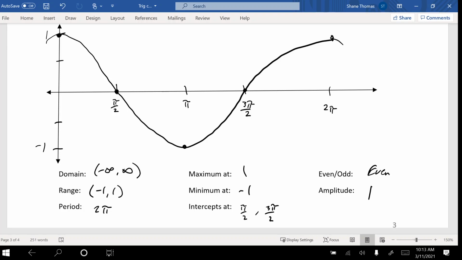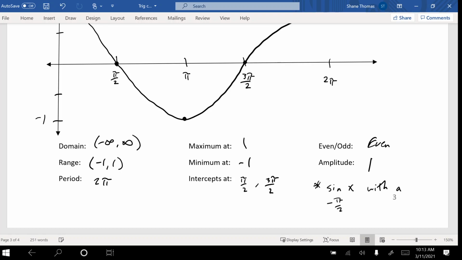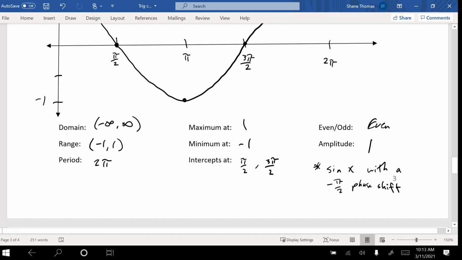All right, another way that you can look at this, I'm just going to put this little thing down here. Another way that you can look at this is the same as the sine of x with a negative pi over 2 phase shift. Okay, it would be the same exact thing. And also I'm going to write in here then too.